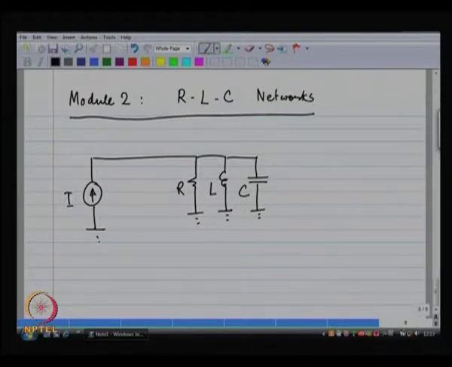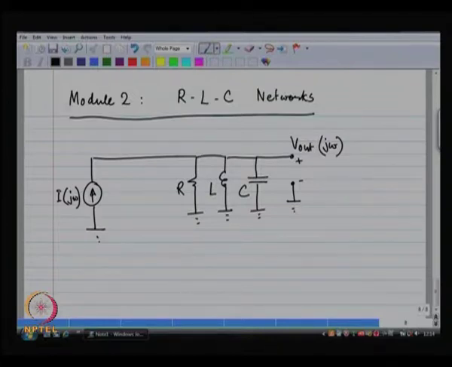And how does this respond? So, if I is a function of omega, what is the relationship between the output voltage and the input current?